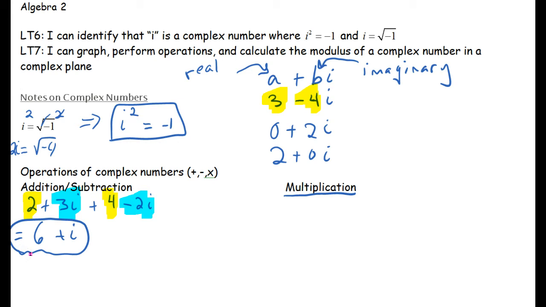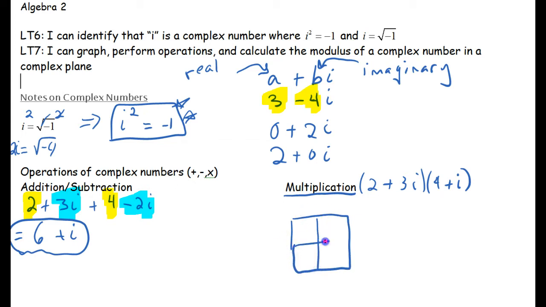Now when it gets to multiplication, we want to remember that i squared is equal to negative 1. I'll show you where this comes up. If we multiply out 2 plus 3i times 4 plus i, now I'm going to use my box method because this is what we've been using in the past.